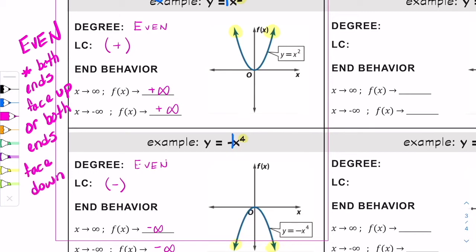To repeat that, if you have an even degree function, both ends face up or both ends face down.